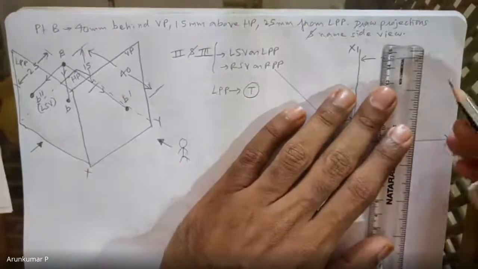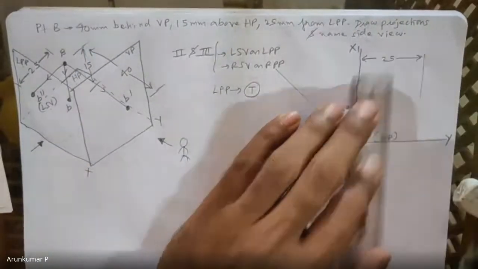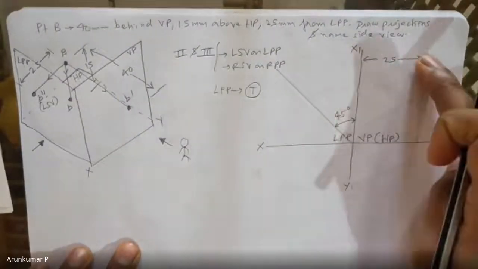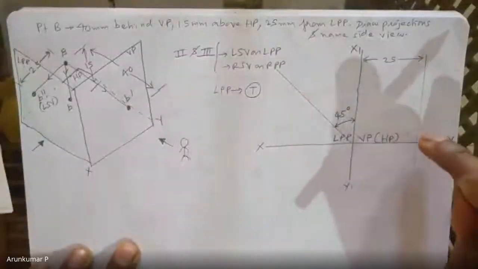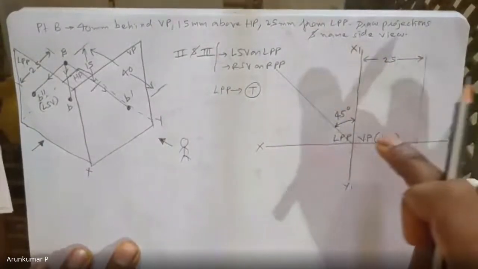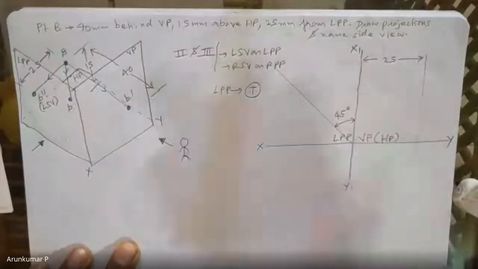So somewhere here, 25 mm away from LPP, you will draw the vertical projection line. On this vertical projection line, you are going to get the front and top view, both above XY line, because VP and HP are above the XY line.